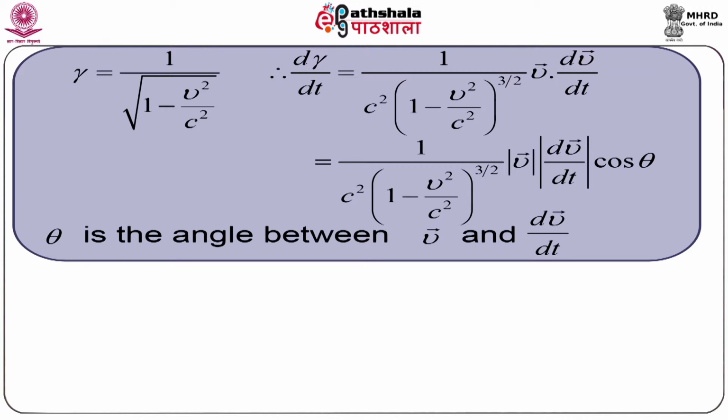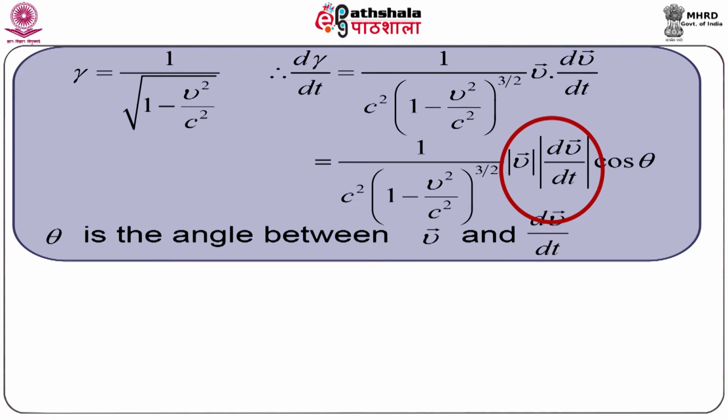Here v vector dot d/dt of v vector gives the dot product or scalar product between two vectors. Using the property of dot product, we get v vector dot d/dt of v vector is equal to absolute value of v vector into absolute value of d/dt of v vector into cos of angle between these two vectors, that is v vector and d/dt of v vector, which is theta.